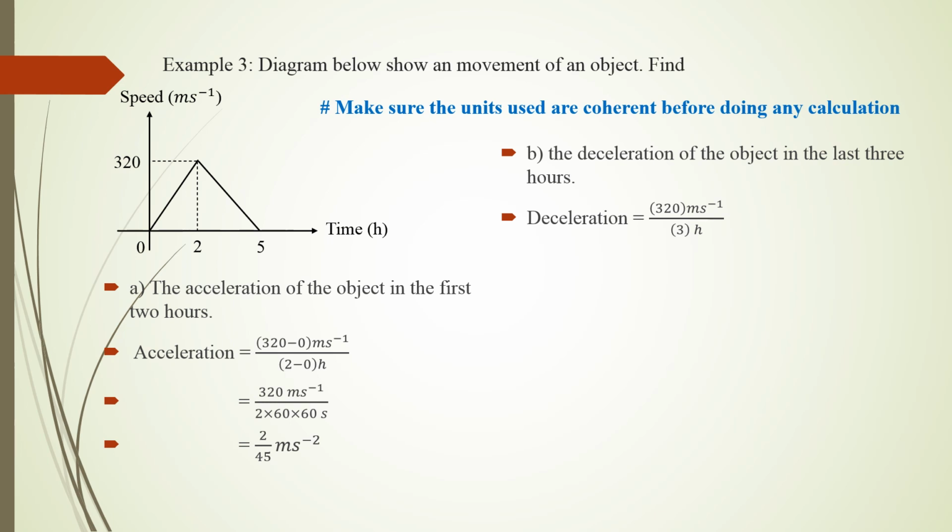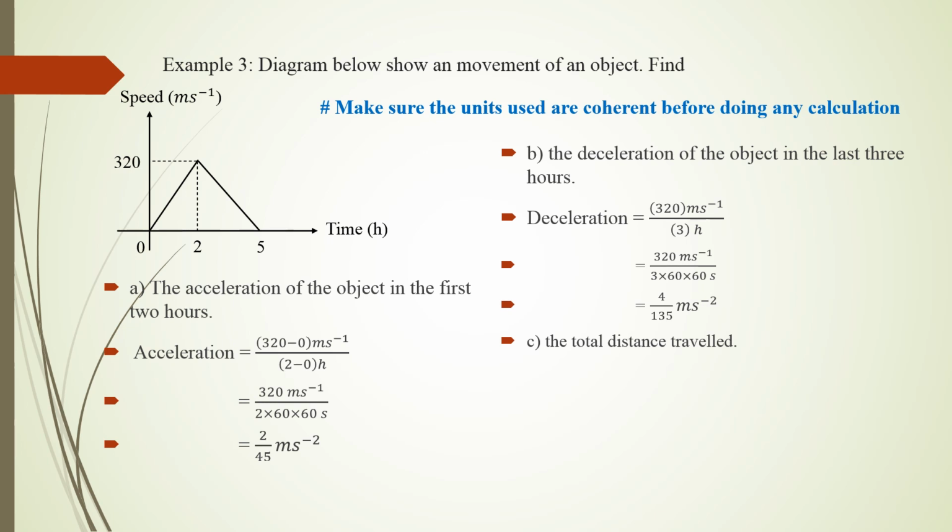I do not need to put the negative because I use the word deceleration. So equals 320 meter per second divided by 3 times 60 times 60 seconds, changing to second. So equals 4 over 135 meter per second per second.